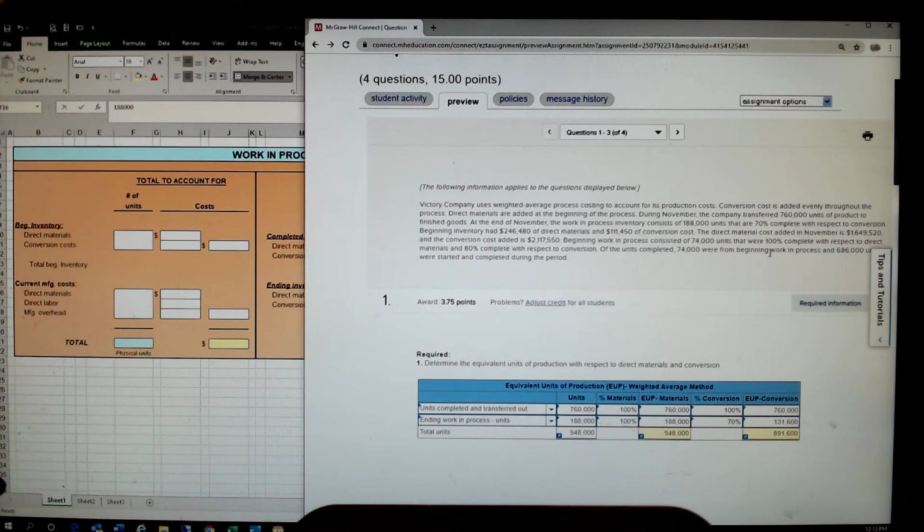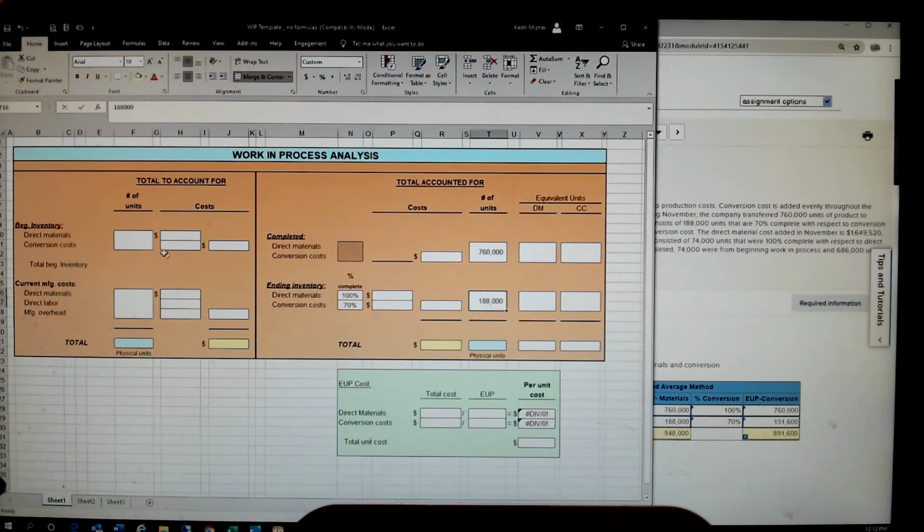Now this is a little confusing, but I just know this, that beginning inventory had 74,000. So now we have 3 of these 4 that we've talked about. I know that I finished 760,000 and that I still have 188,000. That is 948,000 physical units that I can account for.